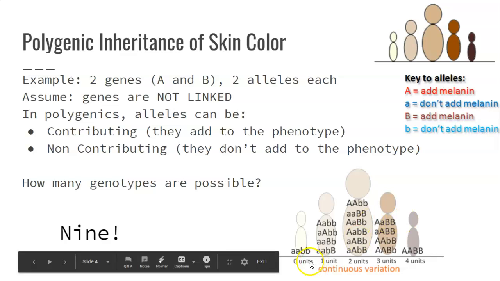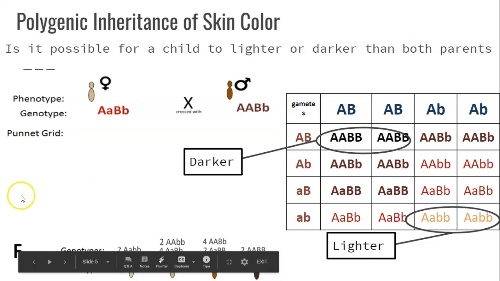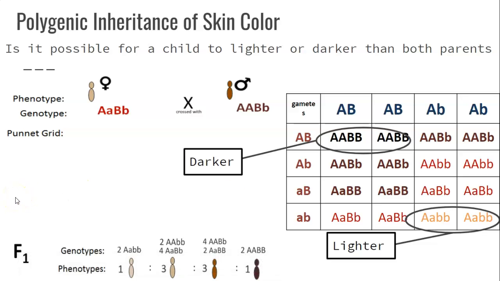You can see the 0 units means that these are all non-contributing. 1 unit is at least 1 capital letter. 2 units, 2 capitals, 3 capitals, and all 4 capitals. When we're looking at this Punnett square, you can see that depending on what a parent's genotype is, the children's genotype can be lighter or darker than both parents.